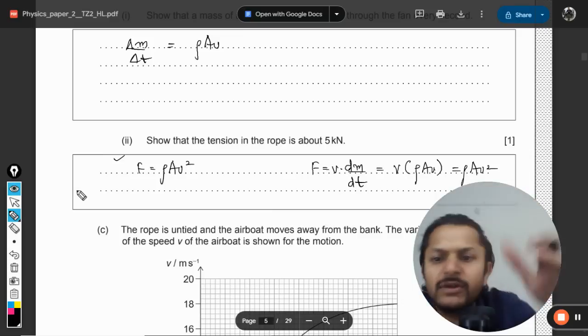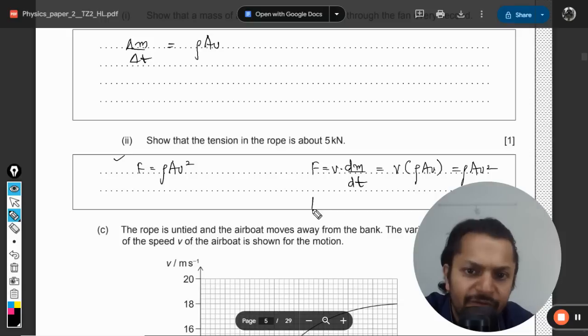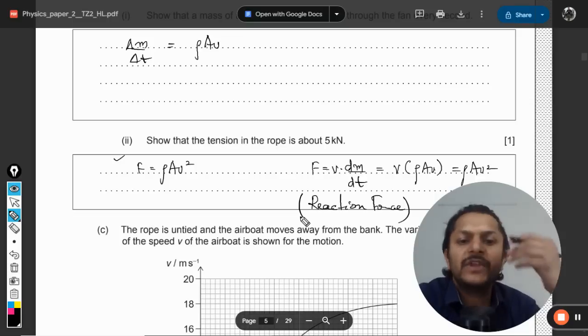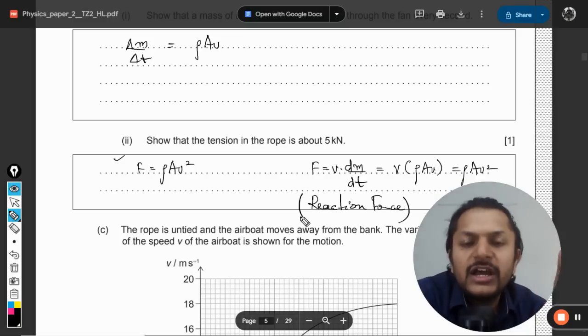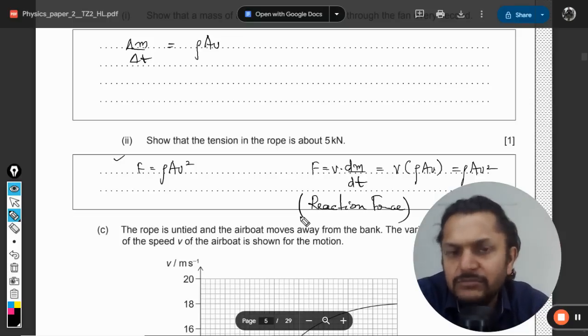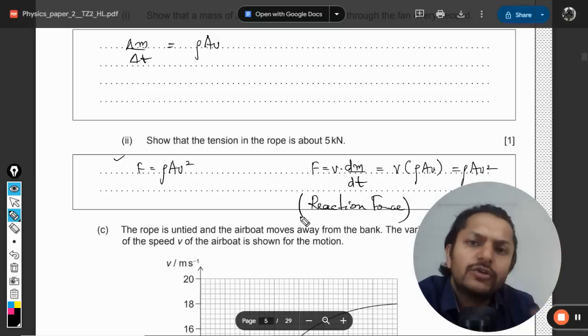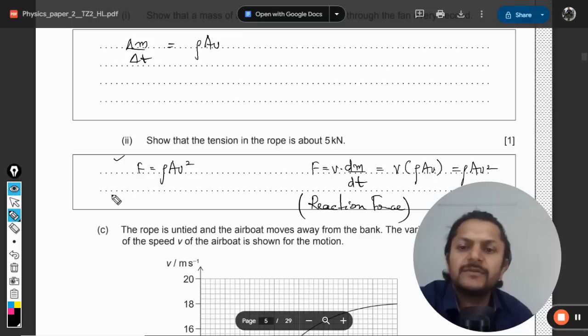Just plug in the value and get the answer. This is the formula for the reaction force. I have given all of these things in detail in my online course for this topic, Newton's laws of motion. So you can refer to the online course also if you want to see all the topics.